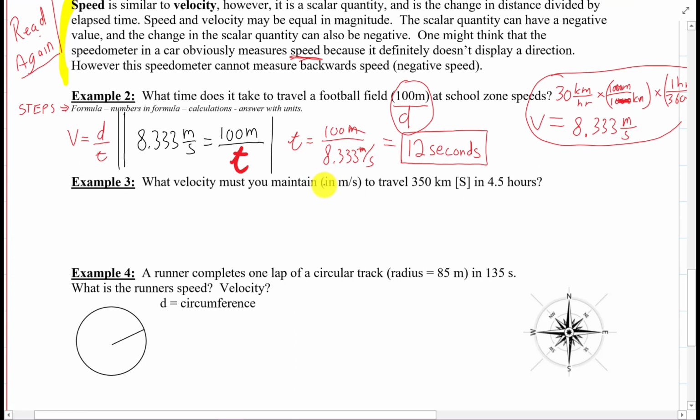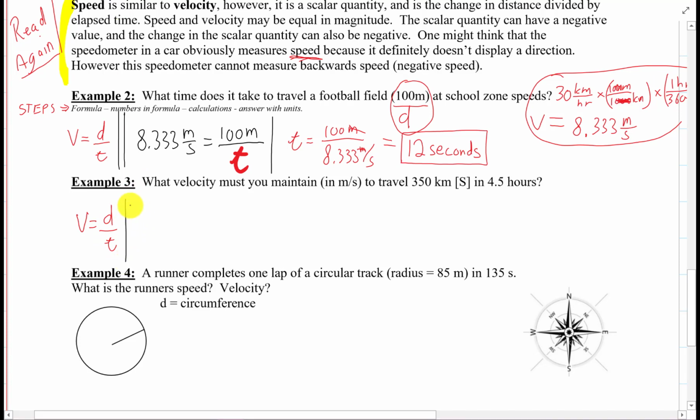What velocity must you maintain in meters per second to travel 350 kilometers south in 4.5 hours? Okay, I will first do it this way. Velocity is equal to distance over time.